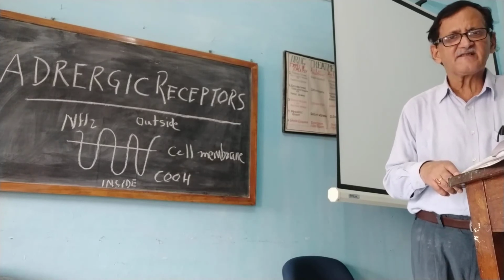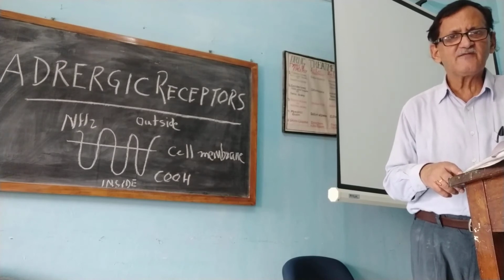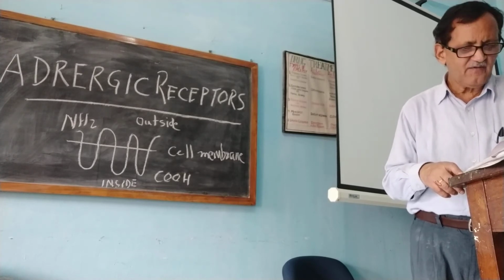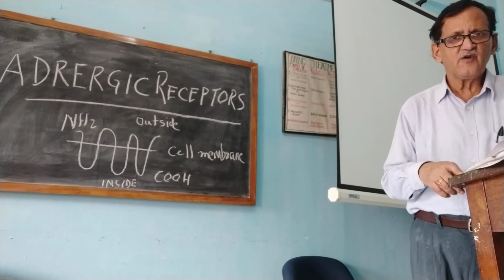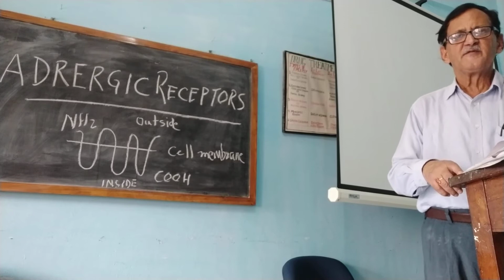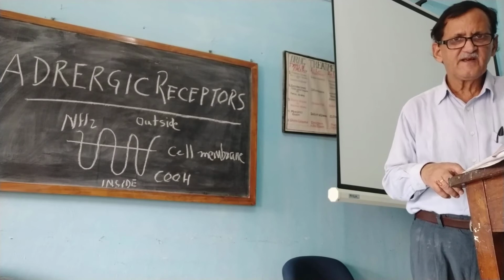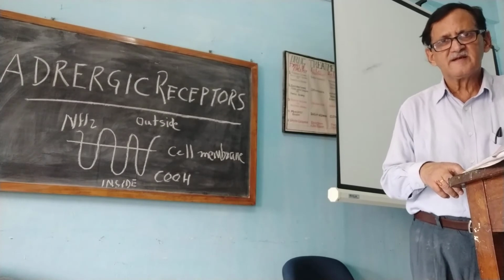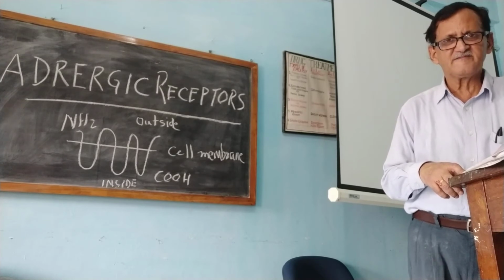Then what are the actions? When the alpha-1 receptor is stimulated, what are the actions produced? There will be contraction of pilomotor muscles, so there will be erection of hairs. You know very well that this adrenergic system is responsible for stressful situations, isn't it?